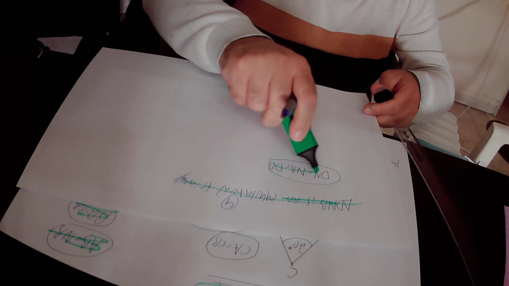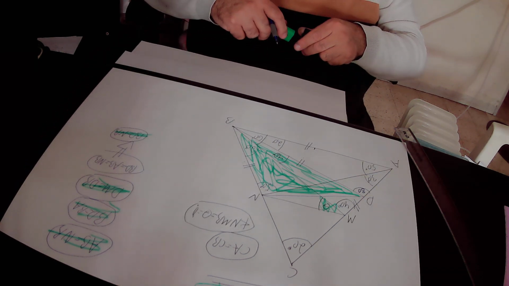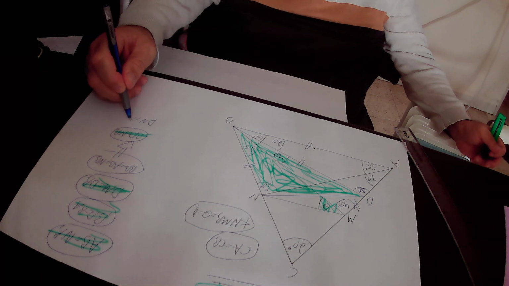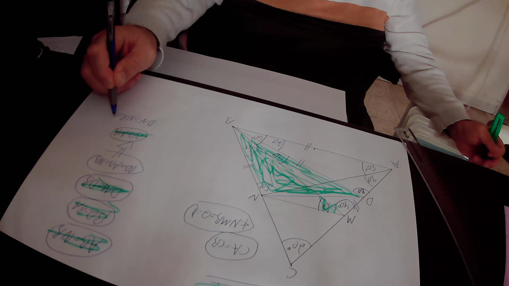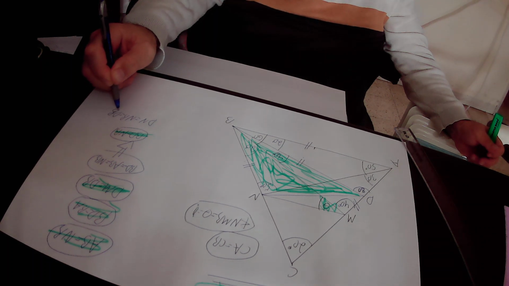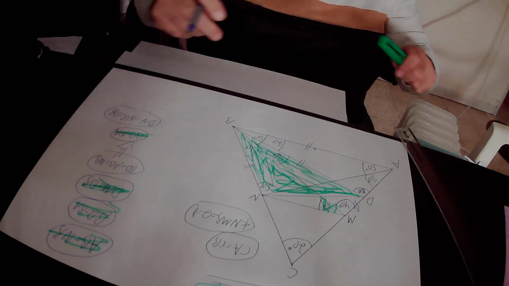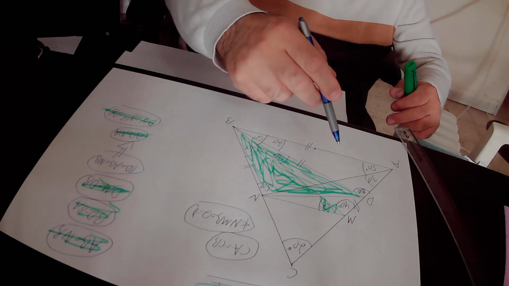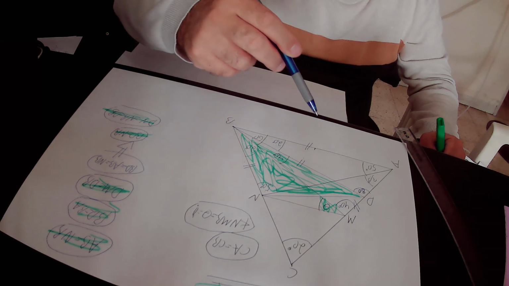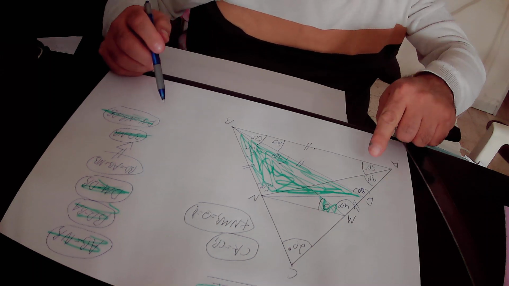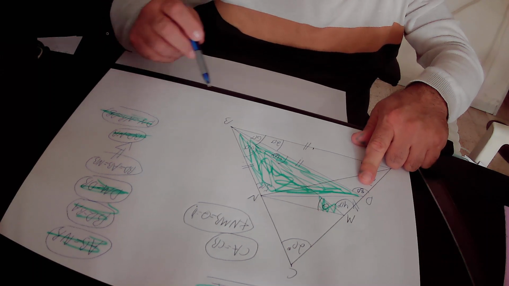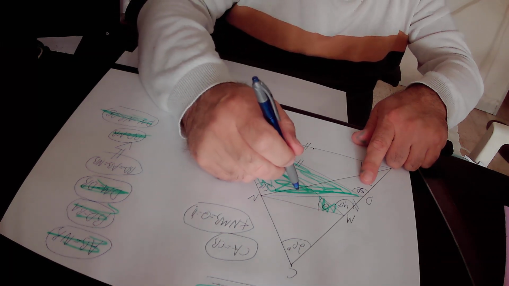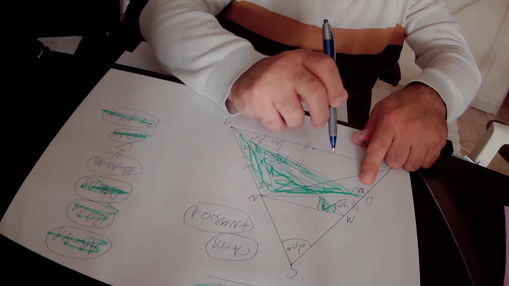I write it down here: DN equals NB equals DB.